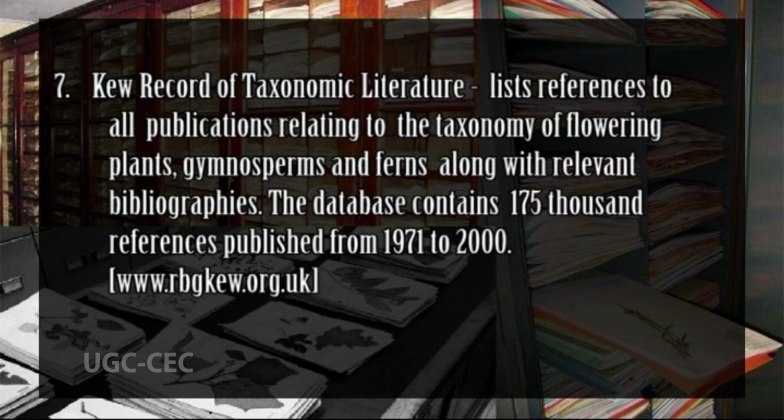All these are also included along with the relevant bibliographies. The database currently contains some 175,000 references published from 1971 to 2000, with new references being added once a week.